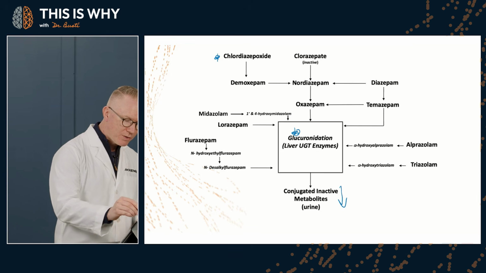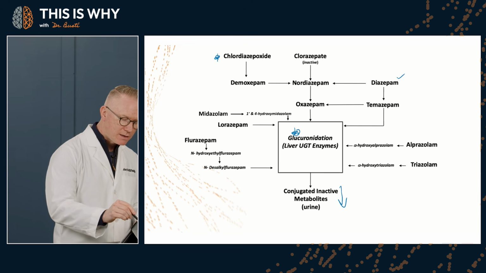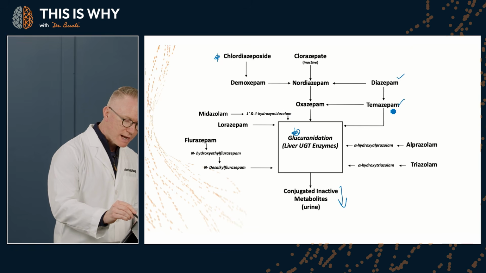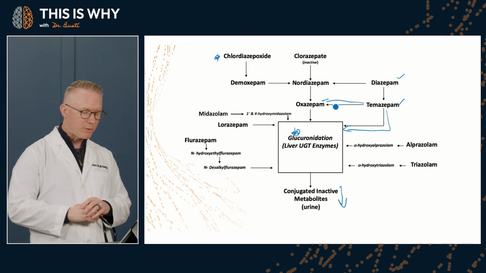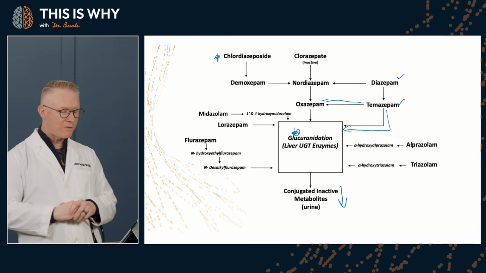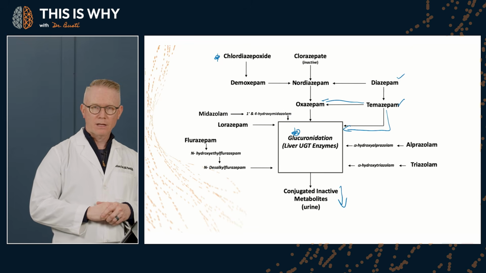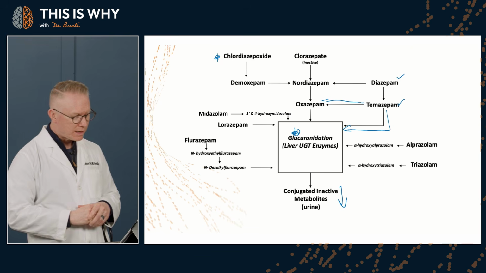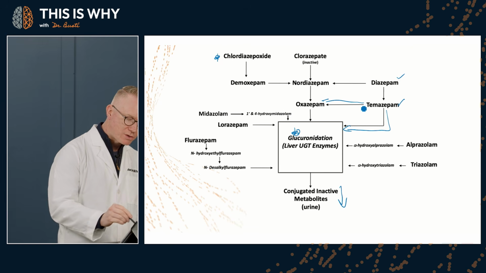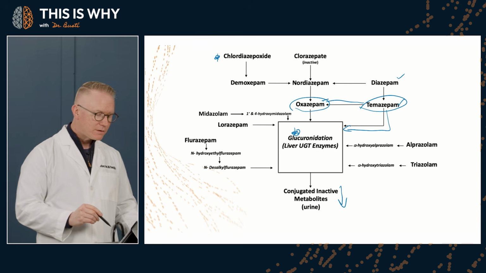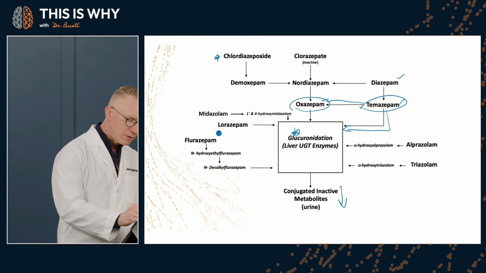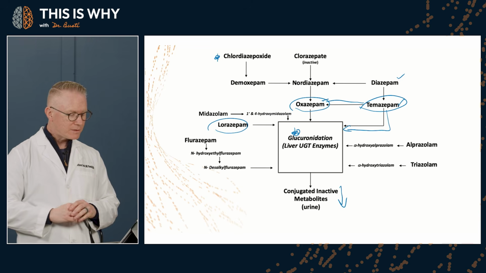You can see that with diazepam as well, and temazepam goes directly through. Now, yes, it can go this pathway, but it gets directly through. It's part of the LOT, L-O-T. So temazepam is one of those. You have oxazepam, and then you have lorazepam. That's LOT.